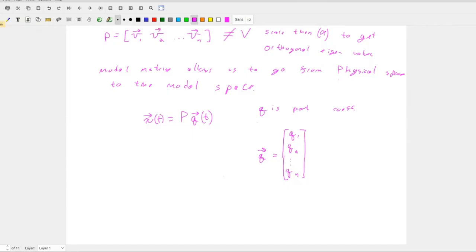So, yeah. Okay, and again, this is the same information, right? X of t is our modal matrix, which contains our normalized and orthogonal eigenvectors, multiplied by a vector of our participation coefficients.